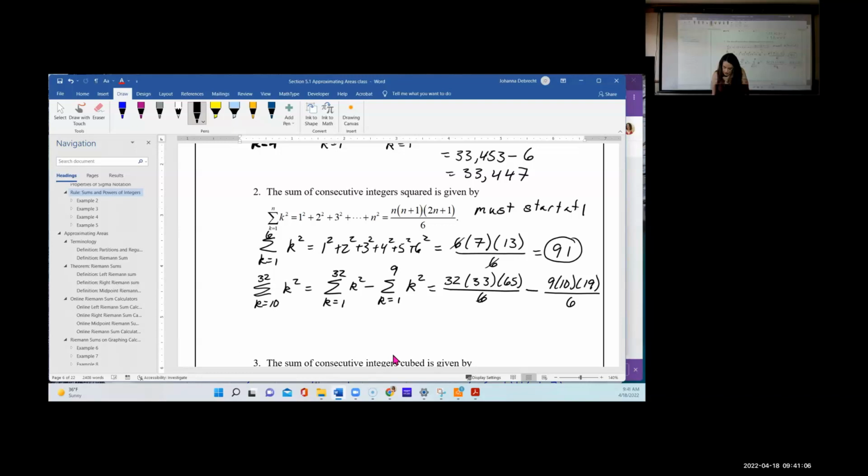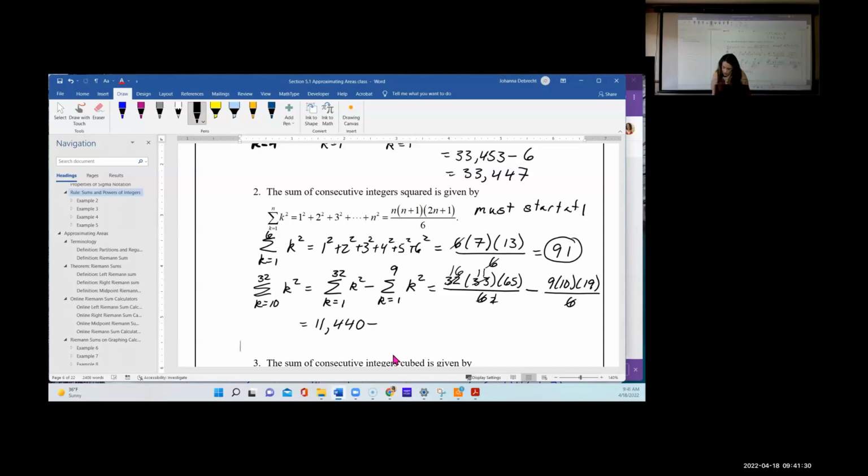So let's see, 6 and 33 are divisible by 3. That leaves a 2. 2 goes into 32 and leaves 16. So I have 16 times 11 times 65, which is 11,440.